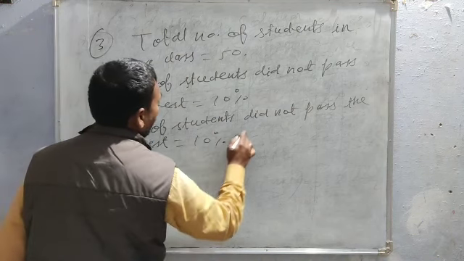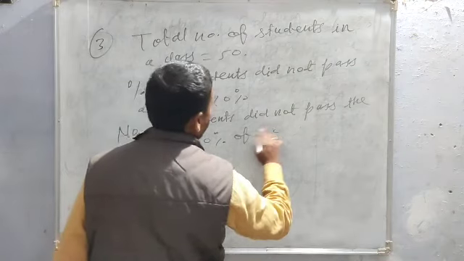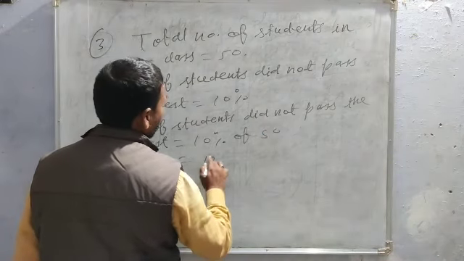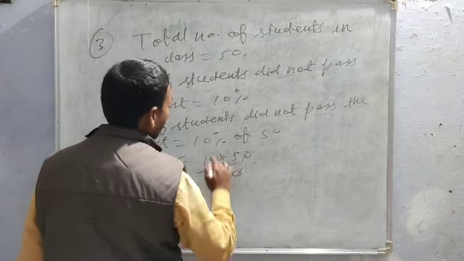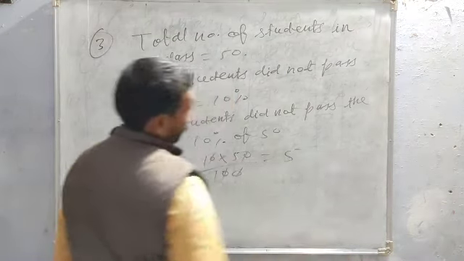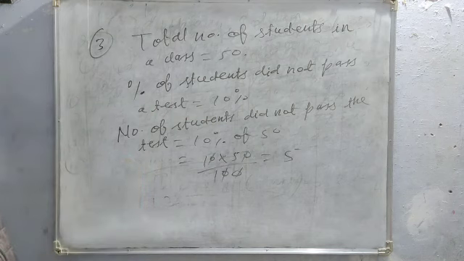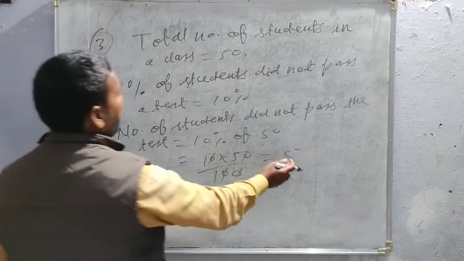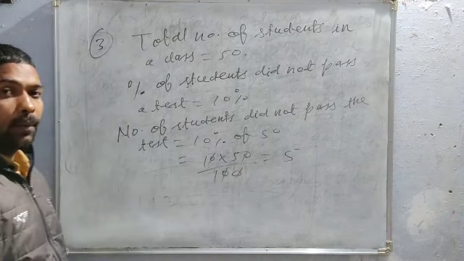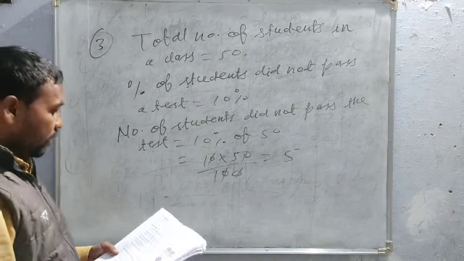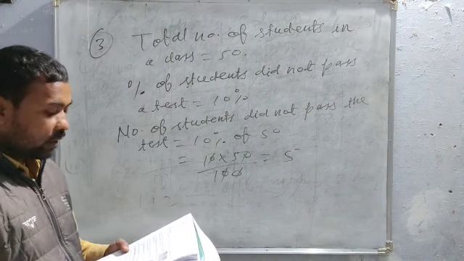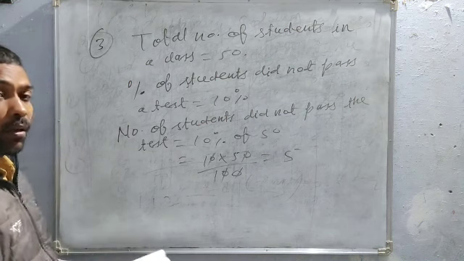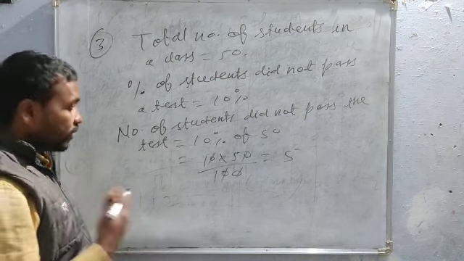10% of 50. You know how to find: 10 multiply 50 by 100. So 10 and 100 cancel, that is 5 students did not pass. But here asking how many students passed the test. So you can subtract 5 from 50. That is 45 students passed the test. Since here asking how many students passed the test, you have to find the number of students passed the test.